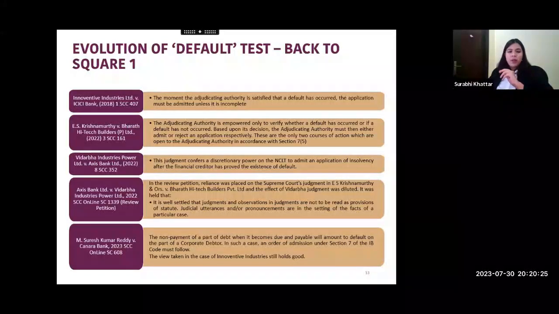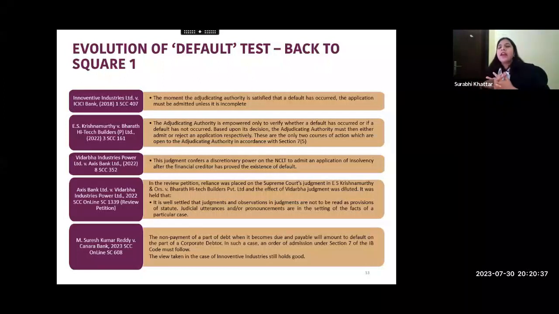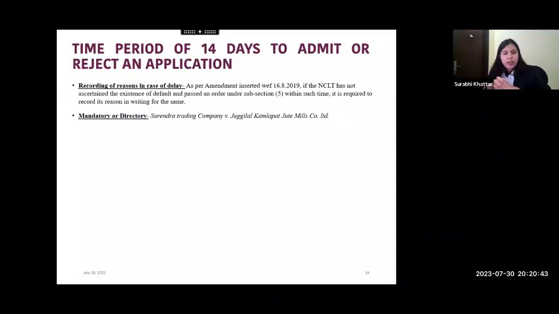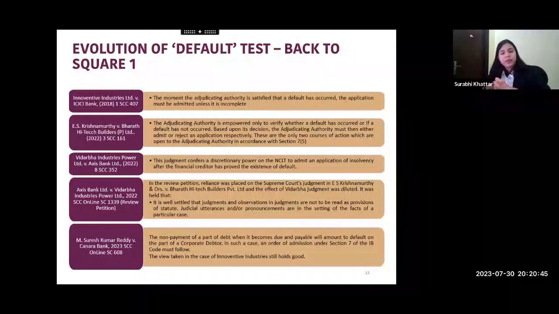Now, one more issue I want to cover before we jump to the next issue is that at times you have filed the Section 7 petition, and there could be further documents that you may need to file. An objection may be raised by the other side that these were not part of the Section 7 petition and therefore cannot be relied upon.